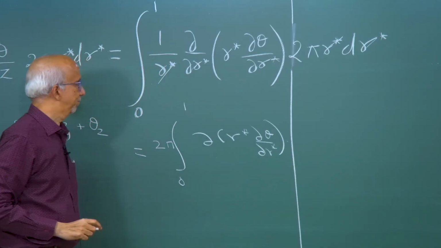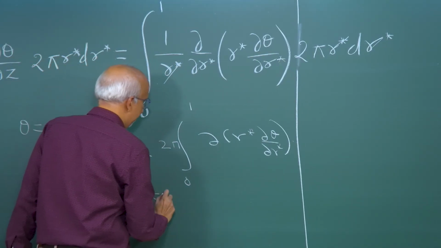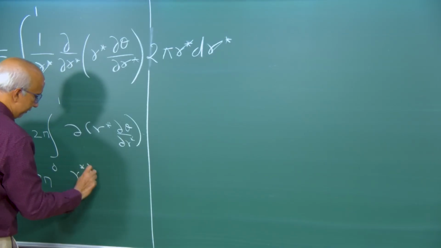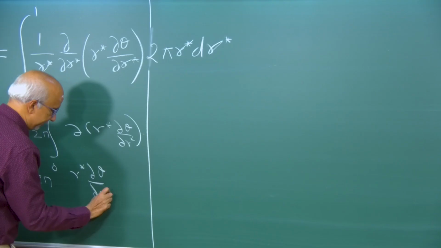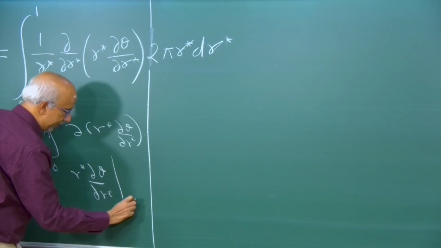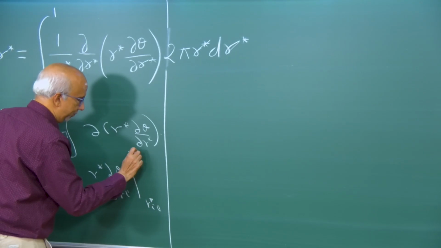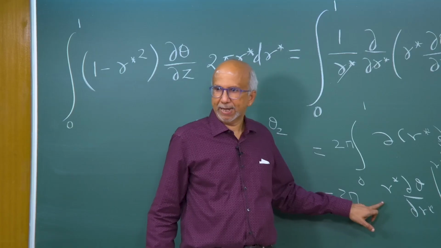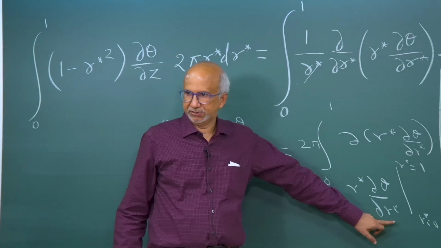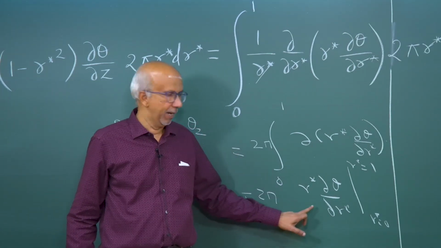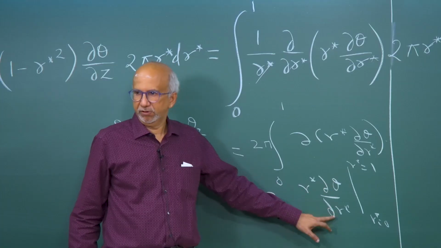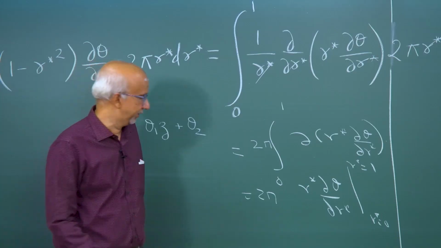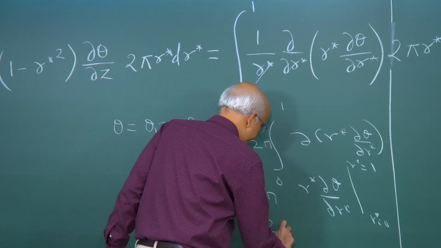And this can be written as 2 pi of r star times d theta by dr star evaluated at r star equal to 0 and r star equal to 1. And this is nothing but at r star equal to 0, this is going to be 0 at the lower limit, and at the upper limit r star is 1. The dimensionless derivative was 1, d theta by dr star. So, I put those boundary conditions, this becomes 2 pi.